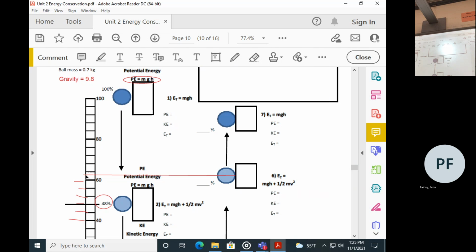So how high is the ball now? 63. Remember what we're counting by over here, right? We're counting by 4s, aren't we? To me, it looks pretty close to being halfway between 60 and the next one, which would be 64, which would make this what percent here? 62.